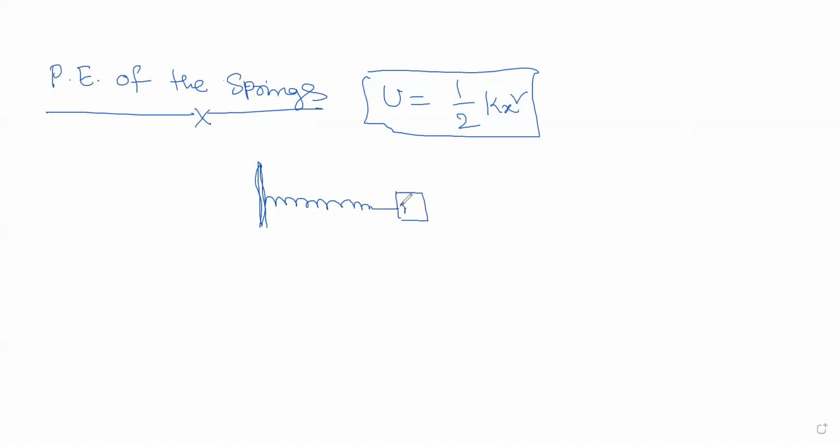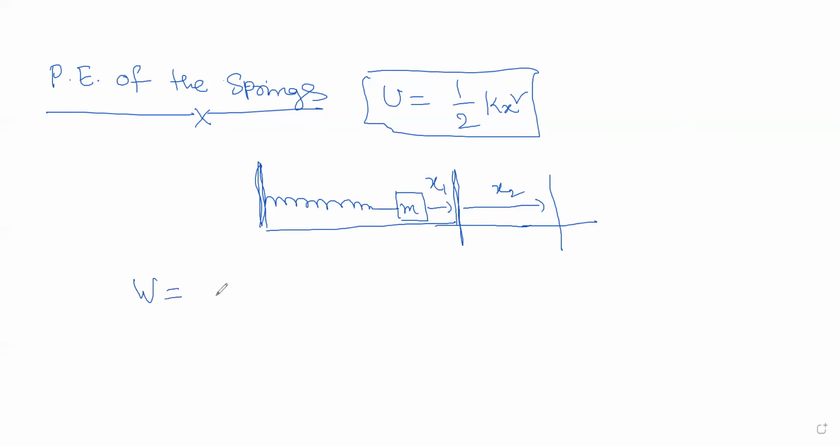Let us say the mass is m, and the spring is extended. It already has an extension of x1, and it's further extended to an extension of x2, let us say. So when this happens, the work done from x1 to x2 is what we have to calculate.